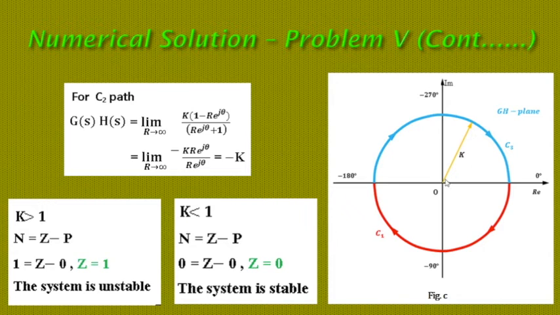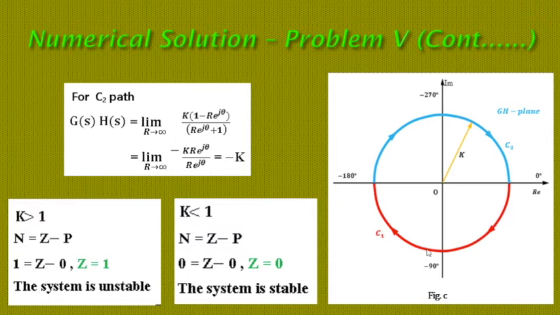Then if K is greater than 1, K being the magnitude, greater than 1 means the minus 1 plus j0 point is inside this circle.